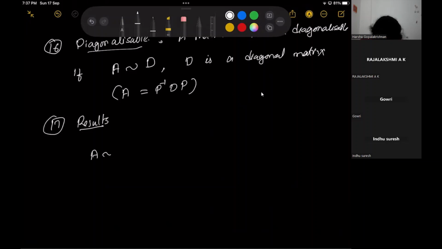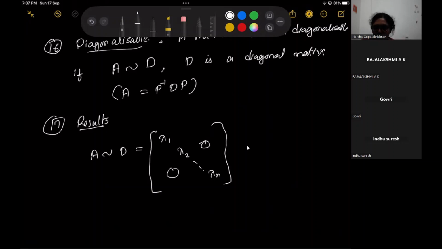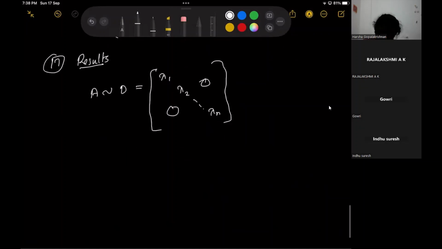Suppose A is similar to D and this D is written as diagonal with entries lambda 1, etc., lambda n. A diagonal matrix means only the diagonal entries can be non-zero, all others are 0. So in this case, can you say what are all the eigenvalues of A? Yes, the eigenvalues of A are lambda 1, lambda 2, etc., lambda n.